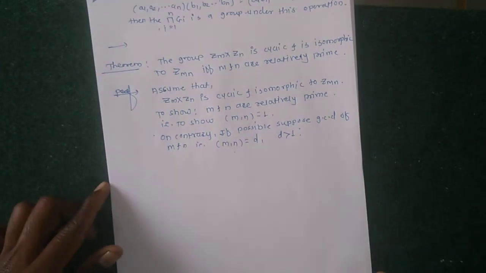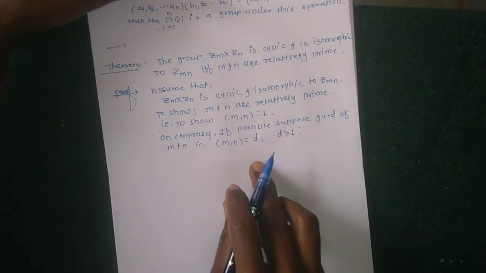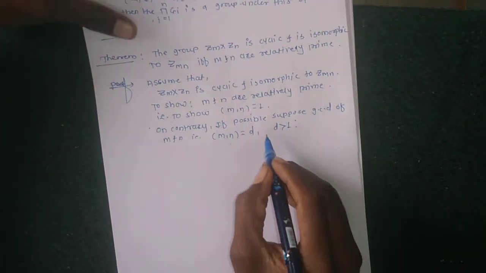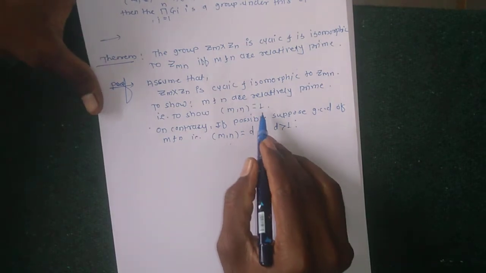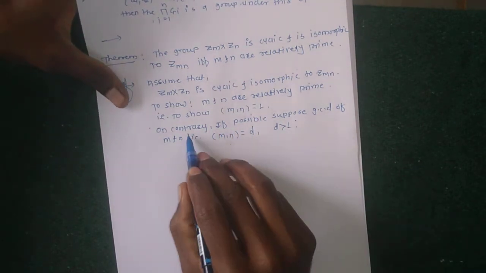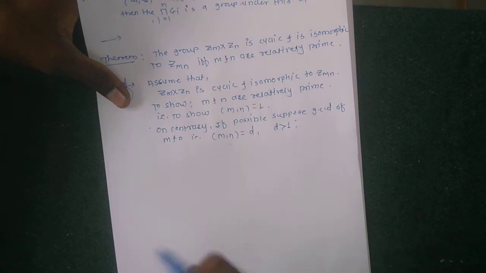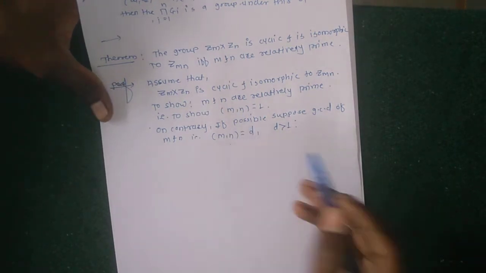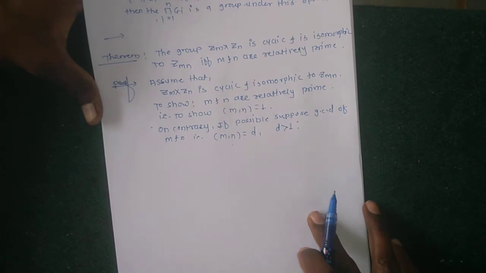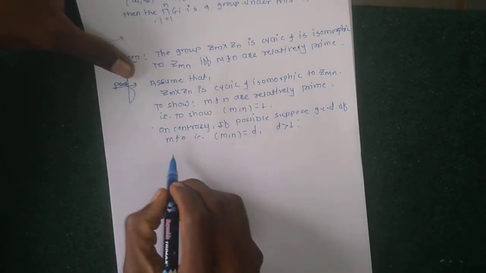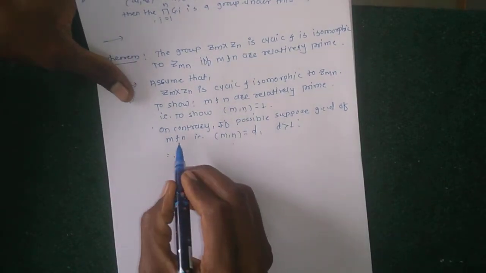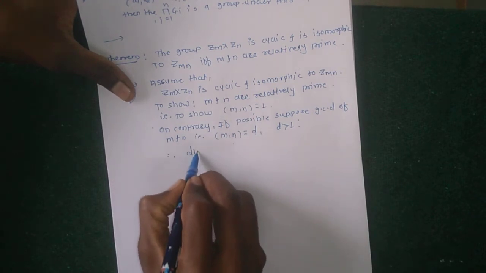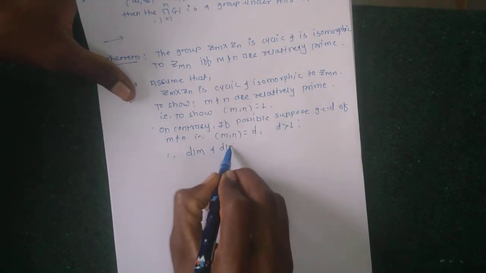Whatever it may be, we have to show that GCD of m and n is 1, but here our proof is by contradiction. Suppose their GCD is not equal to 1, meaning their GCD is greater than 1. By definition of GCD, d divides m and d also divides n.